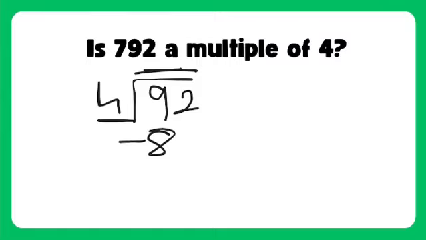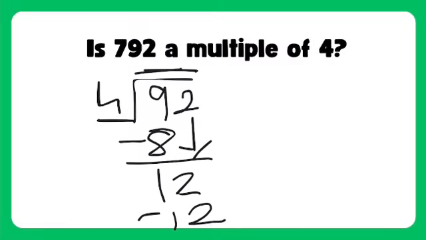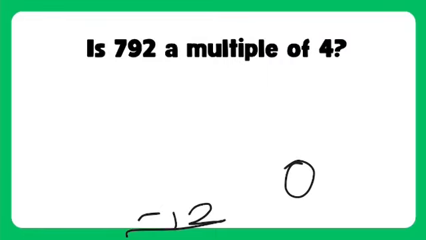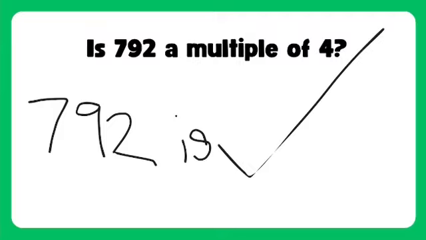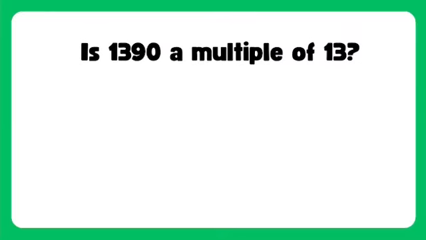Now we subtract 8, that gives 1, put the 2 down, we can subtract 12, and that will give us 0. Since we reach 0, that means 92 is divisible by 4. So 792, the whole number, is a multiple. I'm going to now go on to our third example, the final one.